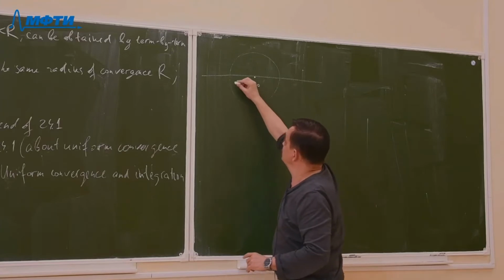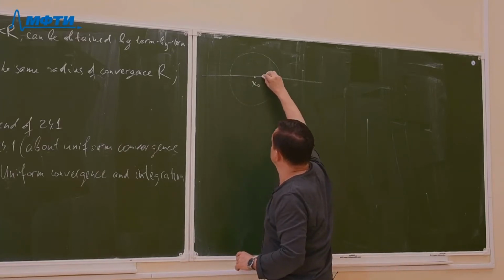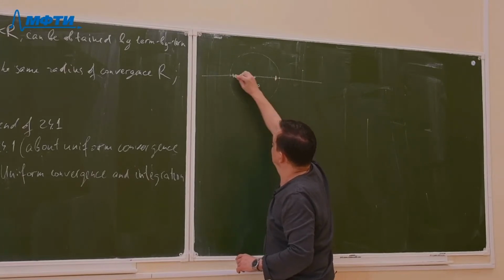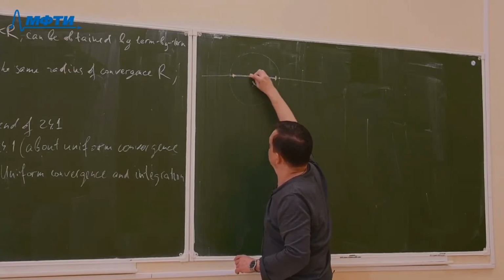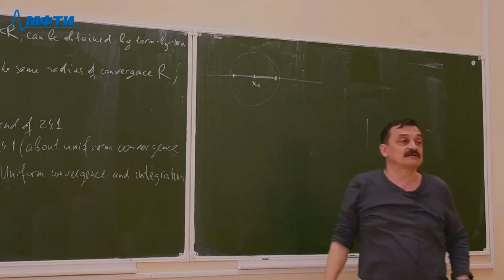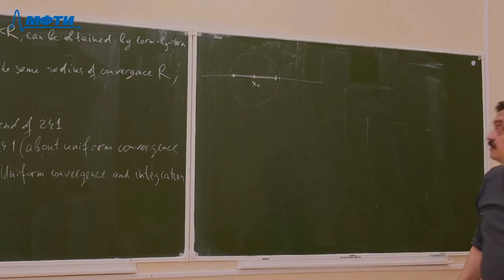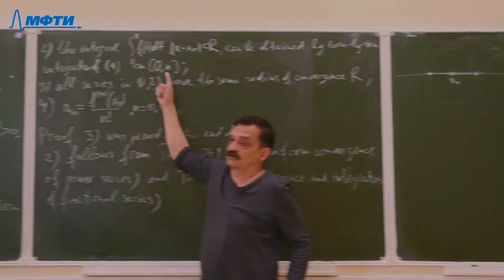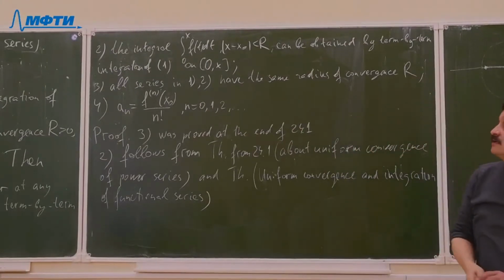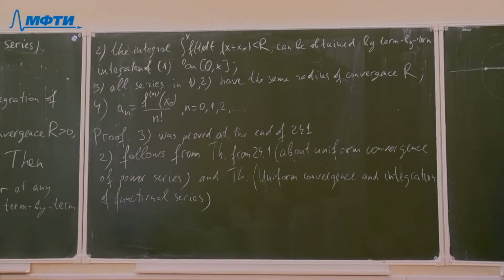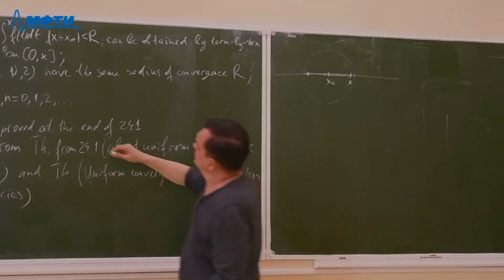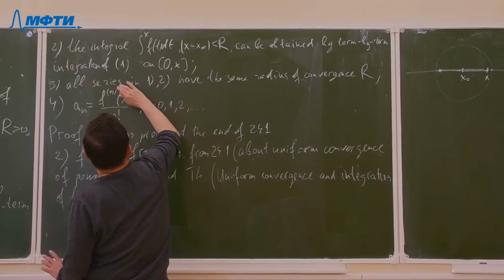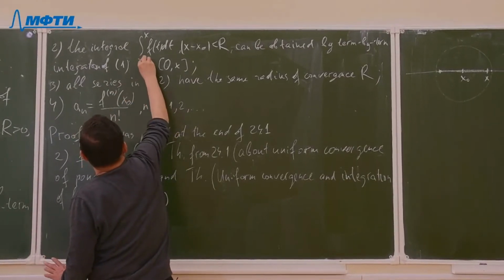And it means that in particular we have uniform convergence on every interval from x0 to x, where x is inside. Sorry, not from 0, from x0 to x, of course.